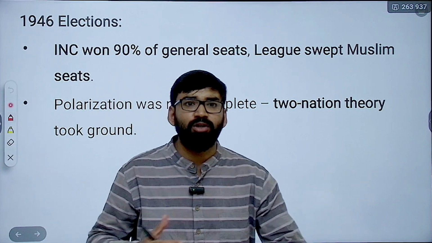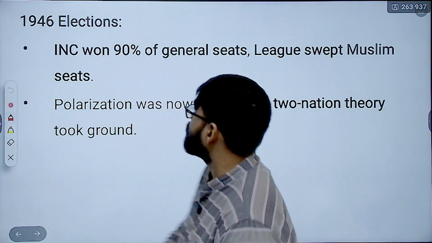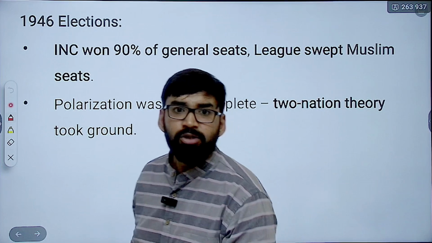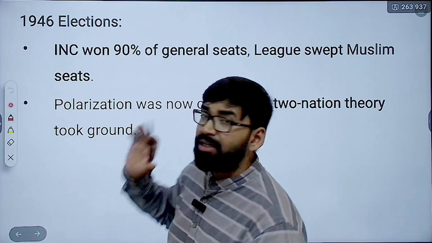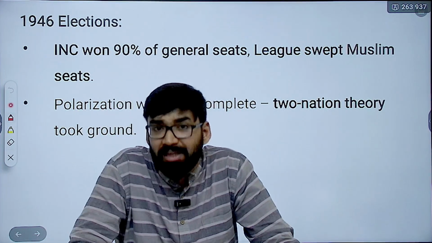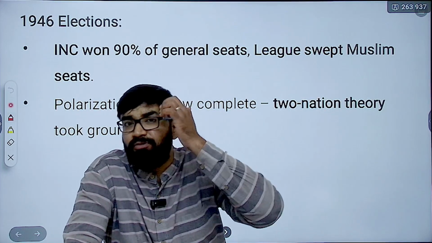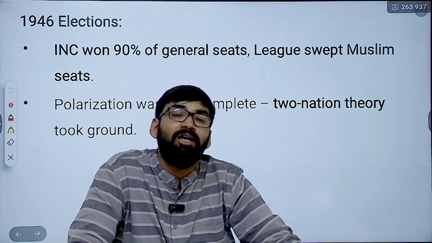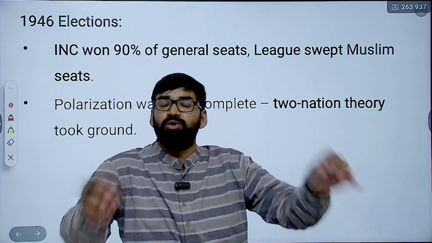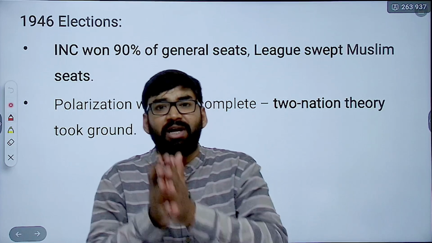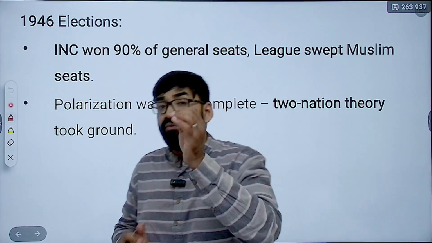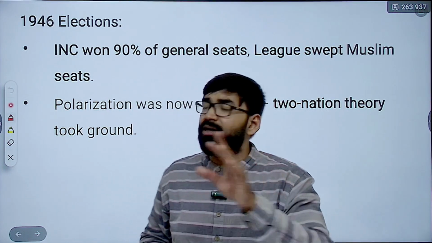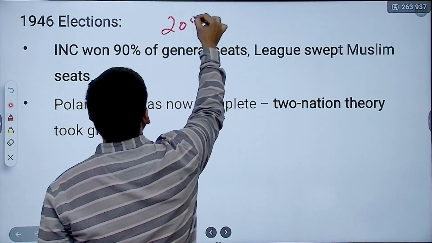Elections for what? The Constituent Assembly. Who is going to elect the members of the Constituent Assembly? The members of provincial legislative assemblies and nominated members of princely states.